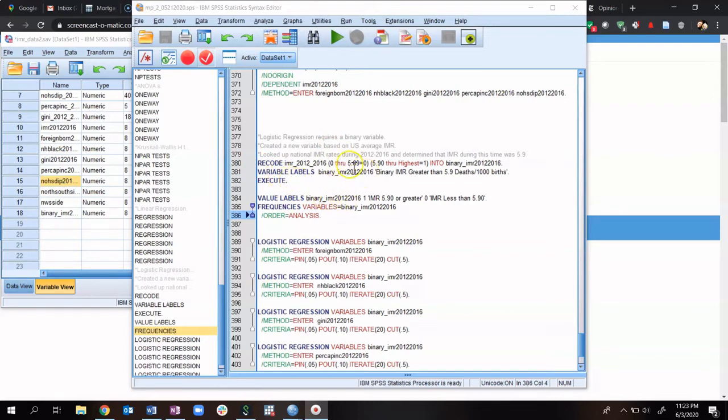Again, how I got my binary measure was that I just looked up what the U.S. infant mortality rates were from 2012 to 2016, and then I calculated an average with the calculator on my computer. And so that average was 5.90 deaths per 1,000 births. So with that, I created this new measure with IMR as such.